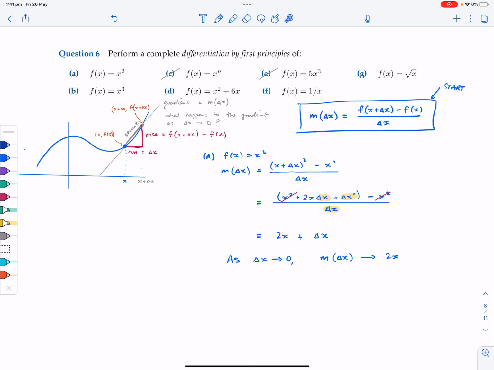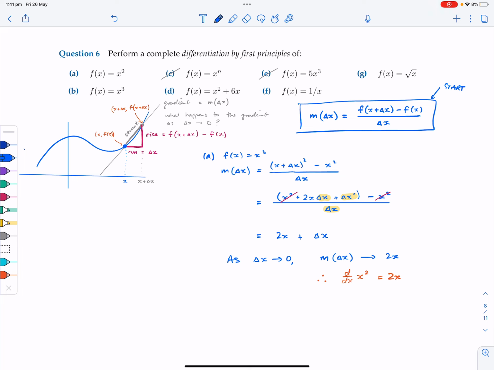And so what we're left with is 2x. So if x was a value of 7, then that gradient is 2 times 7, which is 14, right? So therefore, the derivative of x squared is 2x, which we knew, but now have proved it. So there you go. There's our first differentiation by first principles.